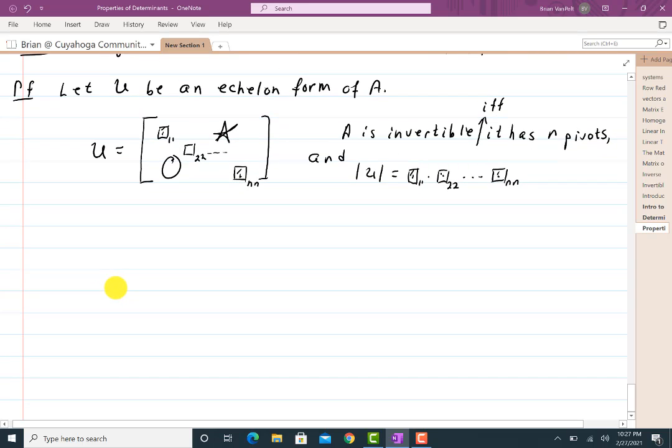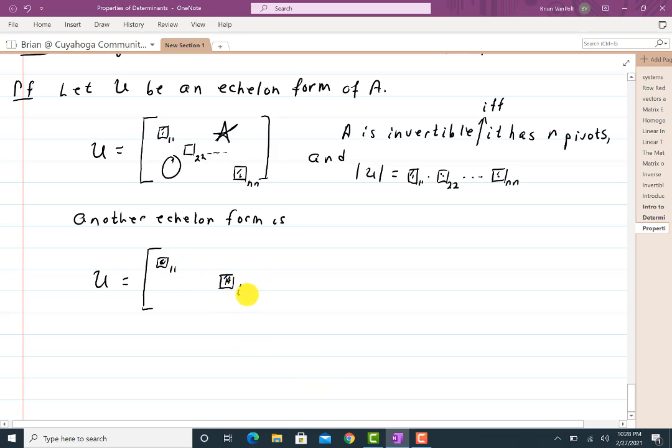Now, another form. Let's say some of these may not be a complete diagonal. So for instance, the next one should be 2,2, but maybe it's not.